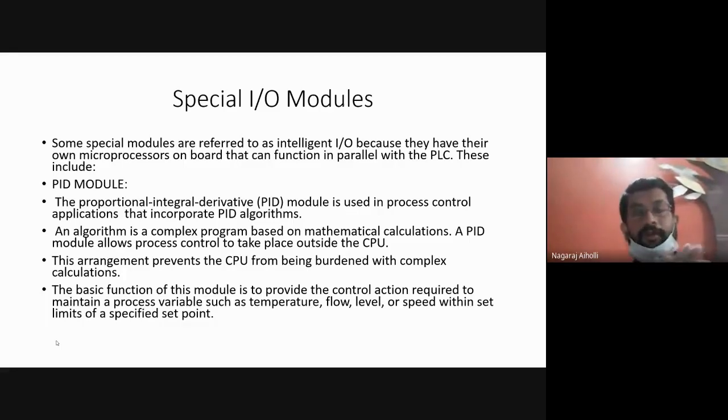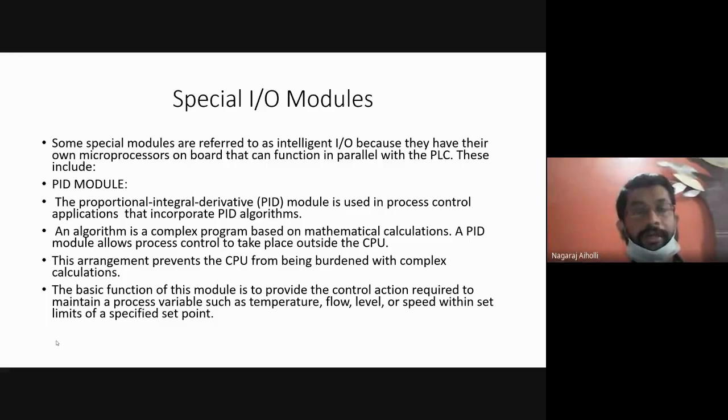Hence we have the PID modules. The output is in certain proportion to the input, it is a certain integral function of the input, and it is a certain derivative function of the input. Such modules are called proportional, integral, derivative modules.